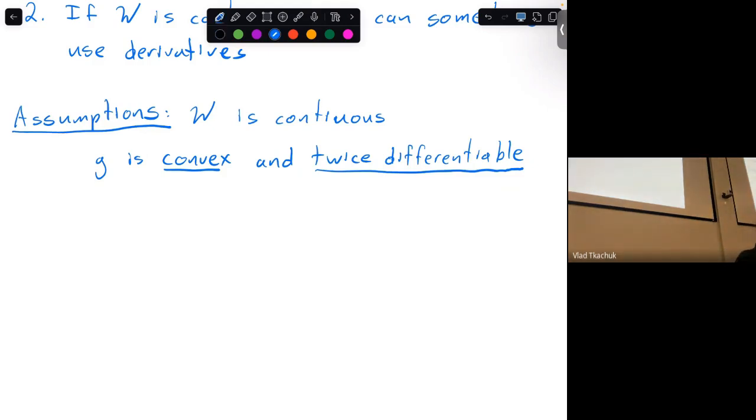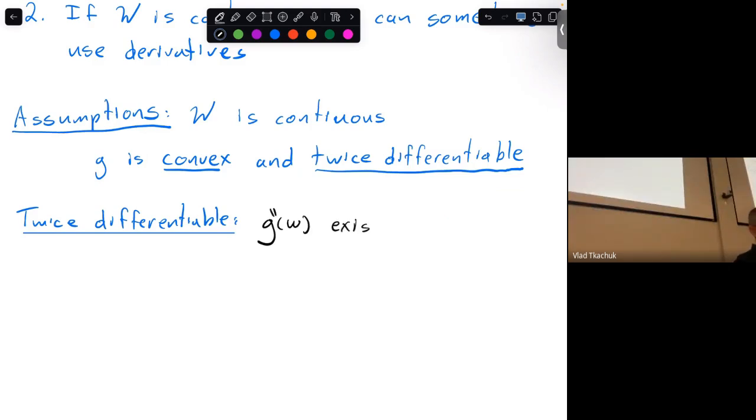So maybe let's define some of these terms. First of all, twice differentiable is quite simple, as you saw. Twice differentiable just means that G, and we write G double prime for its second derivative, exists for all W in the domain.